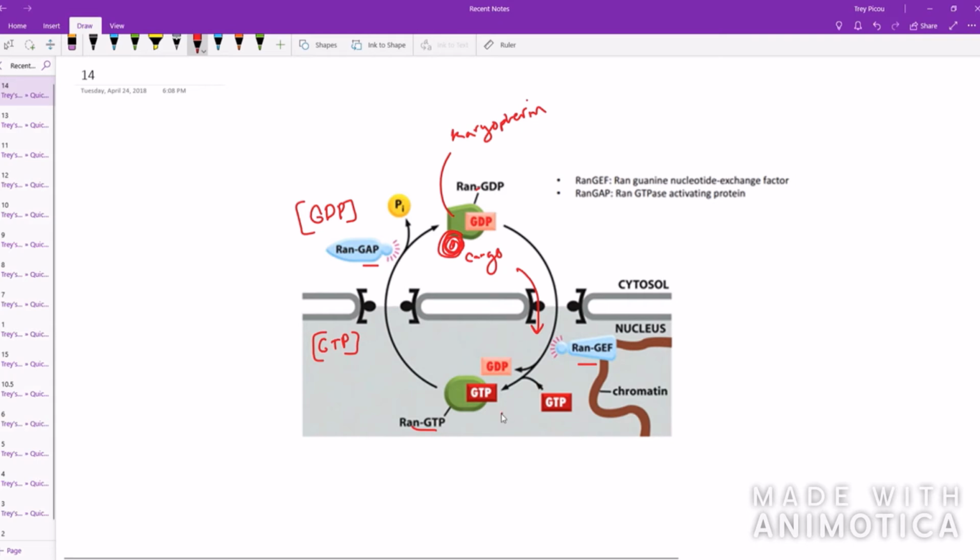So we can kind of see why it's being called an exchange factor, because we're trading the cargo for phosphate being bound in this case. So, our cargo is staying in the nucleus while RAN-GTP and the karyopherin move out into the cytoplasm, where the activating protein, RAN-GAP, activates the protein complex, causing hydrolysis of the GTP back into its GDP form. And now we're ready for another round of import.